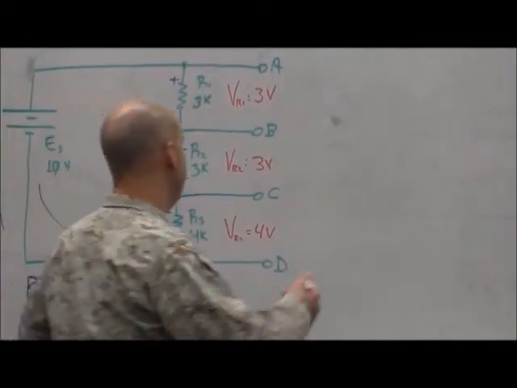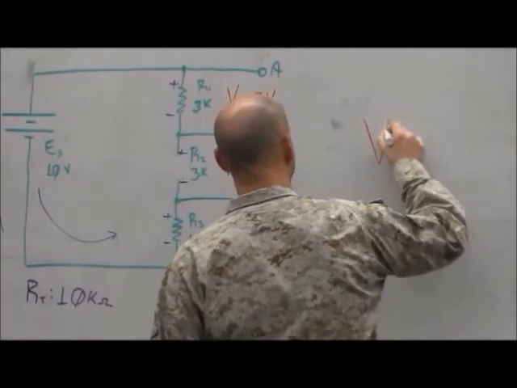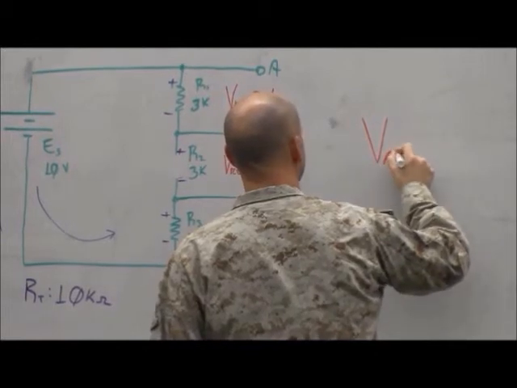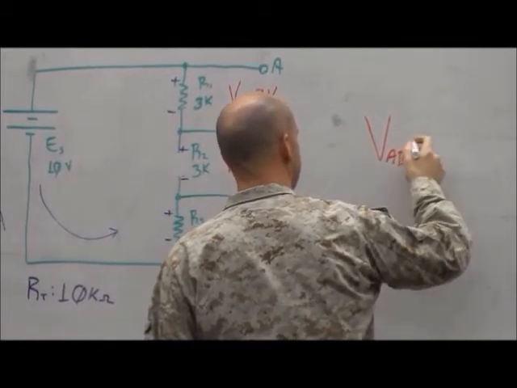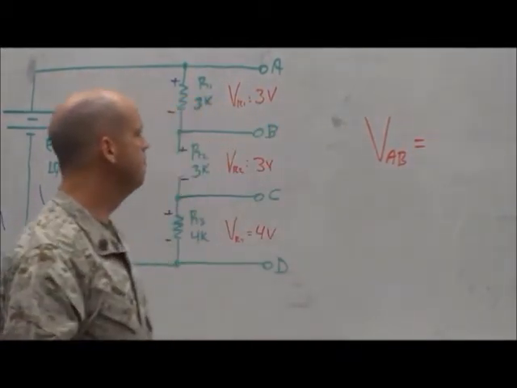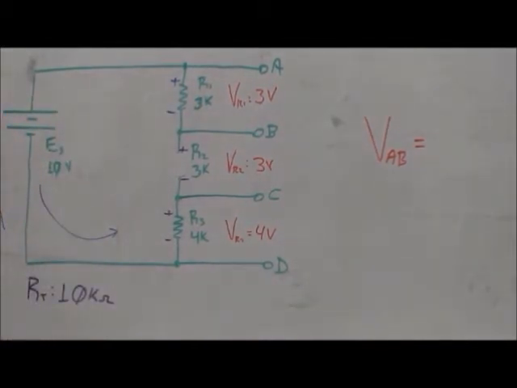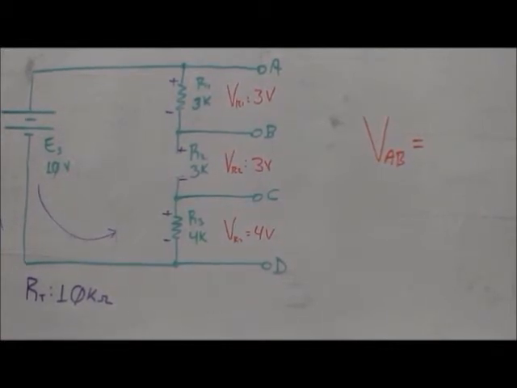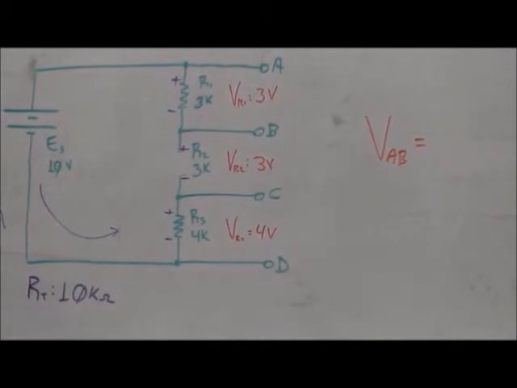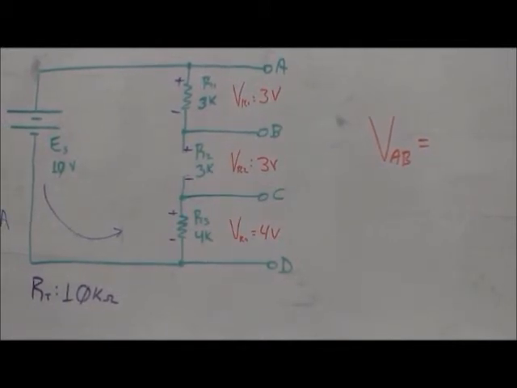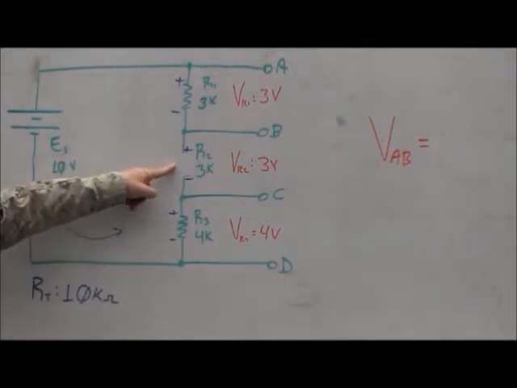So let's look at voltage sub AB. What is that going to be? What's the voltage A to B? R2 open, what is it? 0 volts? Okay, why? There's no current, right? This is open, means no current flow.